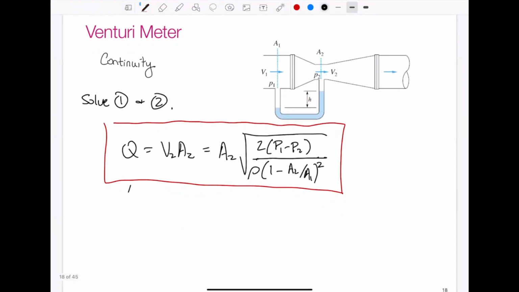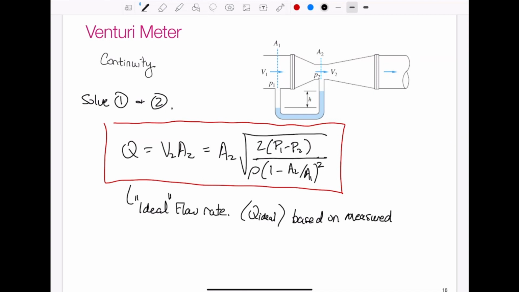And this is what we would call our ideal flow rate. And this is based on measuring P1 and P2. So this is only accurate if we have one-dimensional and frictionless flow.